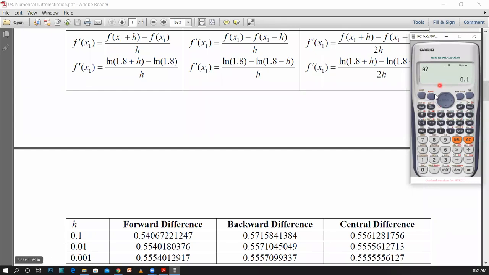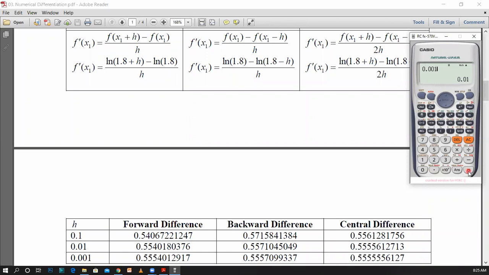Then you can directly use the value h equals 0.01 also. Once you use h as 0.01, the answer we are obtaining for the forward differential technique is 0.5540180376. And now we will use another smaller value for h. It means that we have to set the new value of a as 0.001.